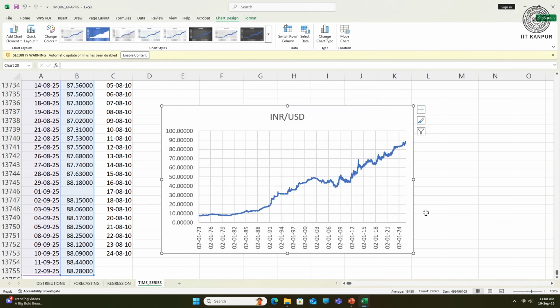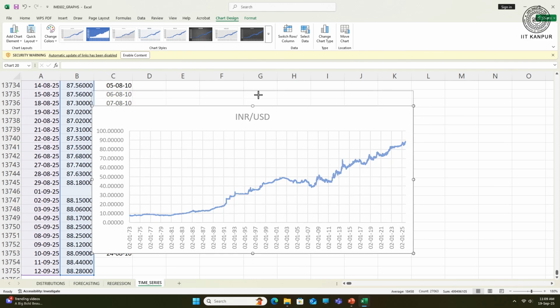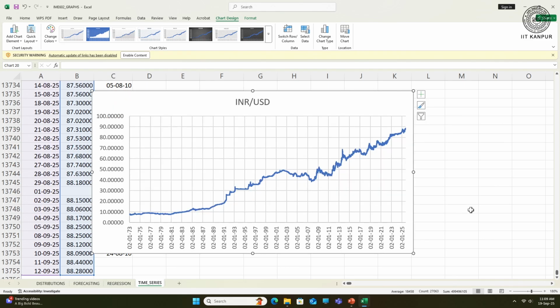See, here is the fluctuation, and very interestingly for Indian rupees to US dollar, starting from 1973 till almost few days back, and as I said, all the links are given where you can download the data.